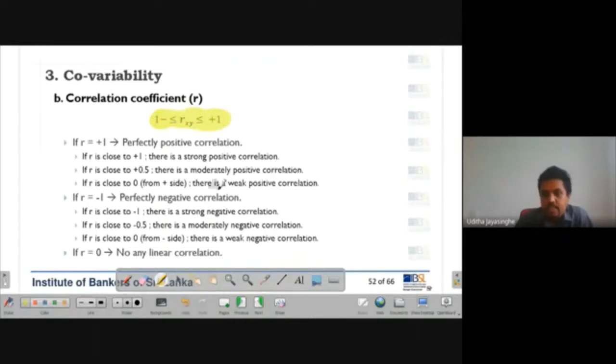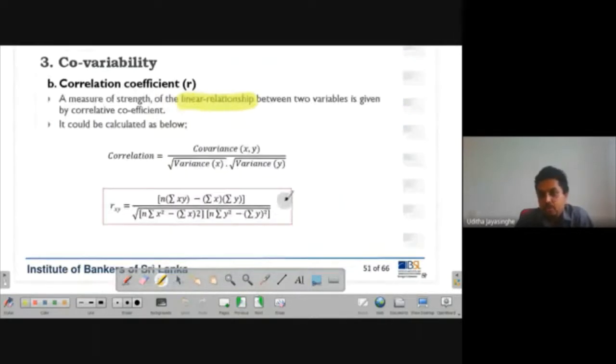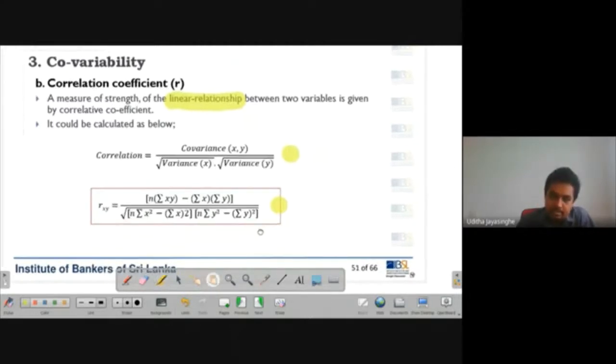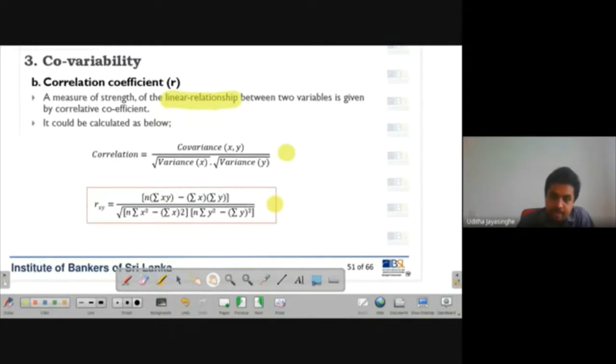We will learn how these values fall into the scale and how to demarcate. But first, let's learn how to calculate this. Let me say this equation is one of the most difficult equations in our curriculum to remember. There are two forms for you to keep in mind. The first form is the easier one.